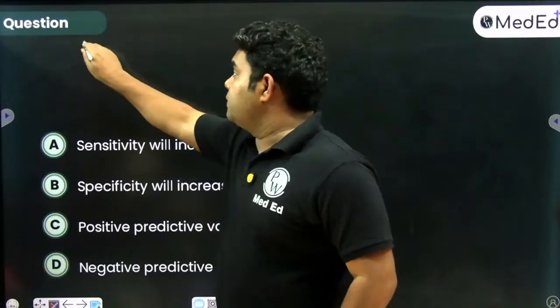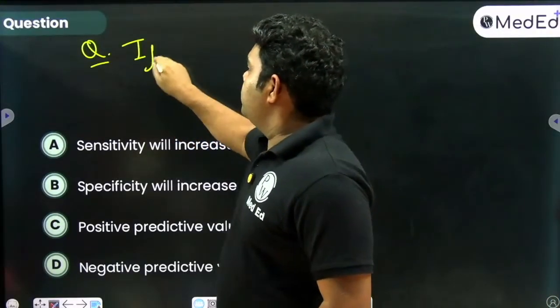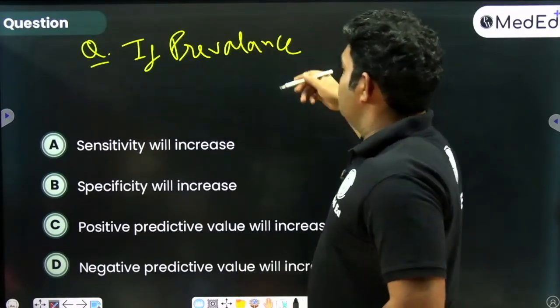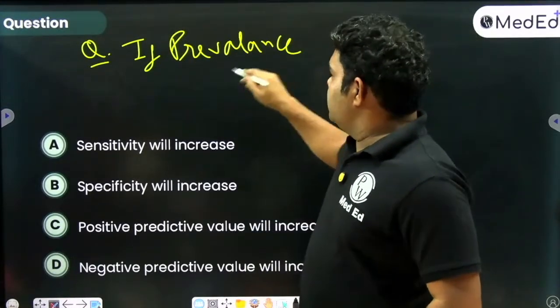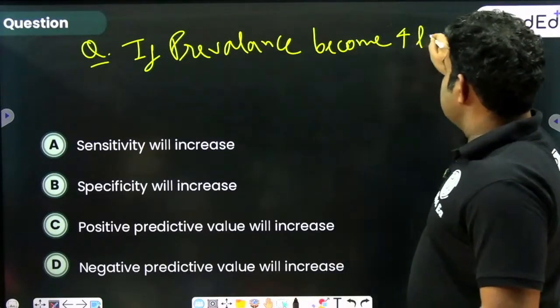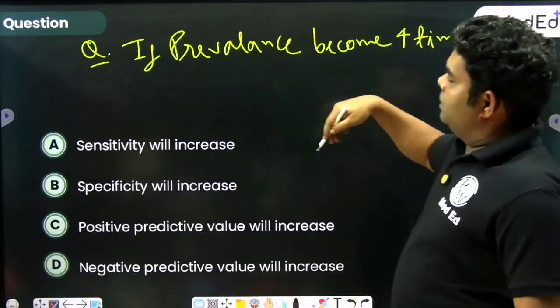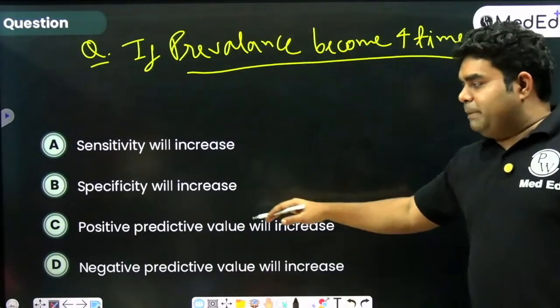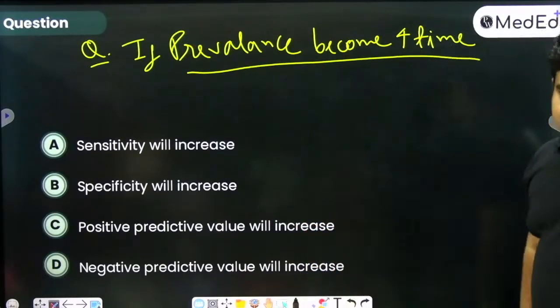The question is just asking that if prevalence, meaning total cases, old plus new cases, becomes 4 times, what will be the effect on sensitivity, specificity, PPV, NPV?